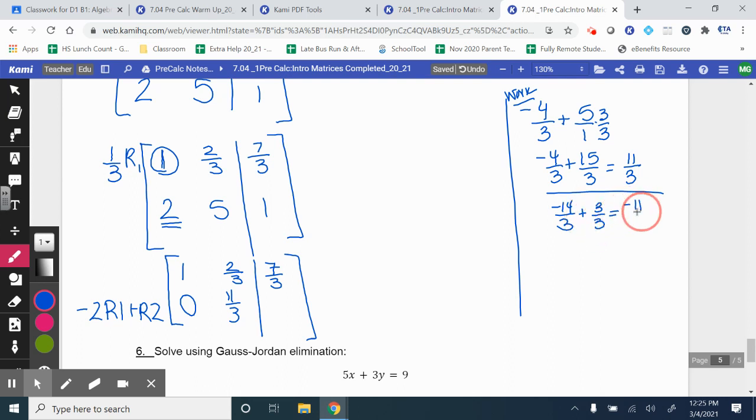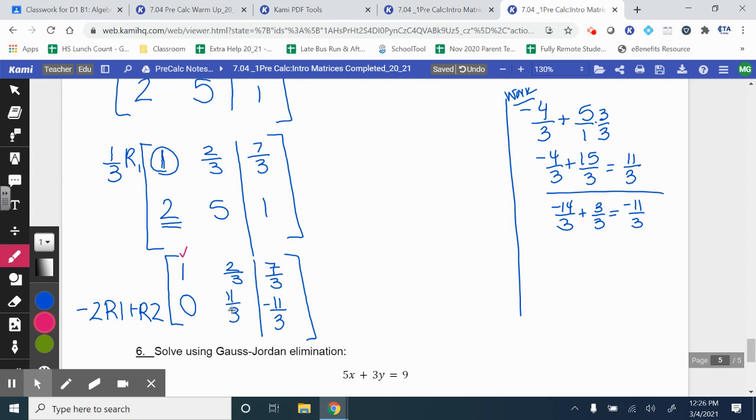And that's going to give me -11 over 3. And of course, check those in your calculator. So now I finished my first column. So you always want to focus on your first column. So now I have a lead 1 with a 0 below it. Now I need to look at column 2.